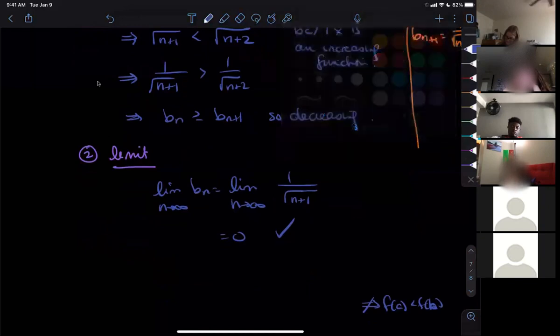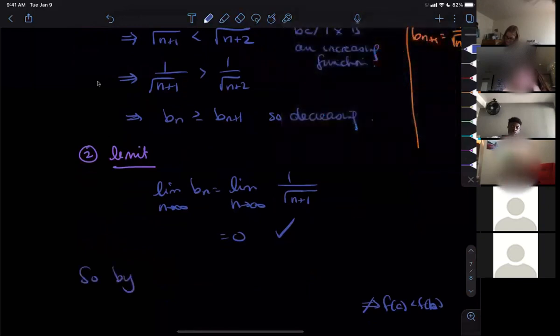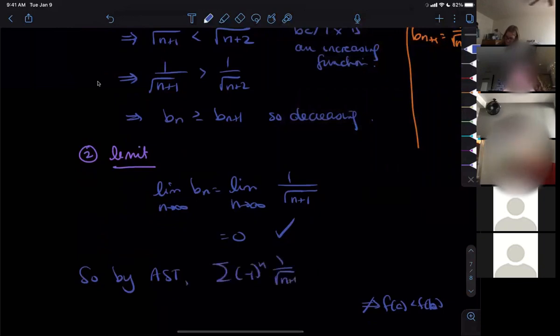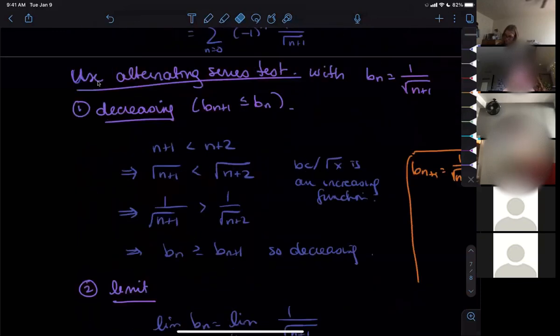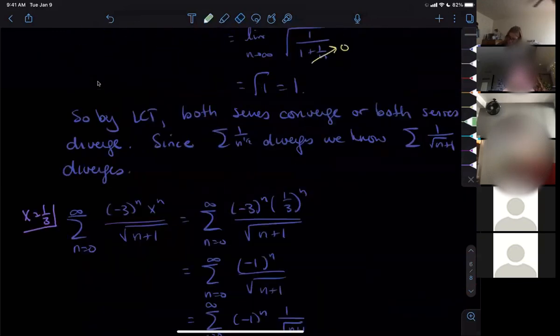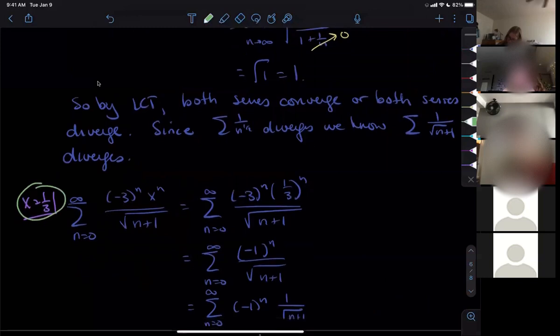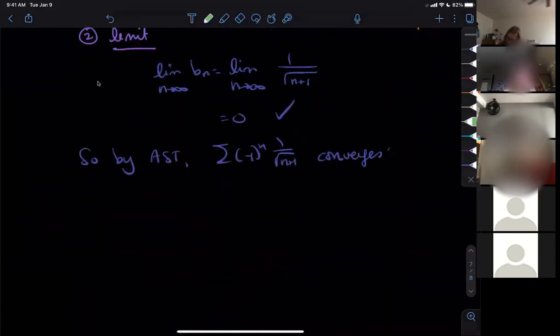So by the alternating series test, this series converges. All right, so what do we get? The interval of convergence includes a third.